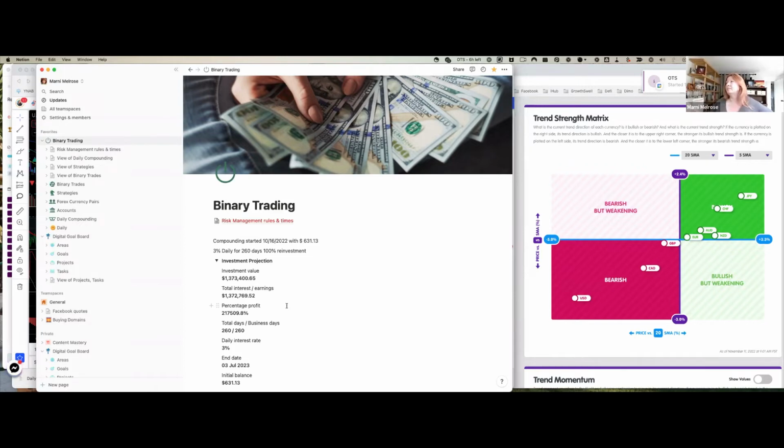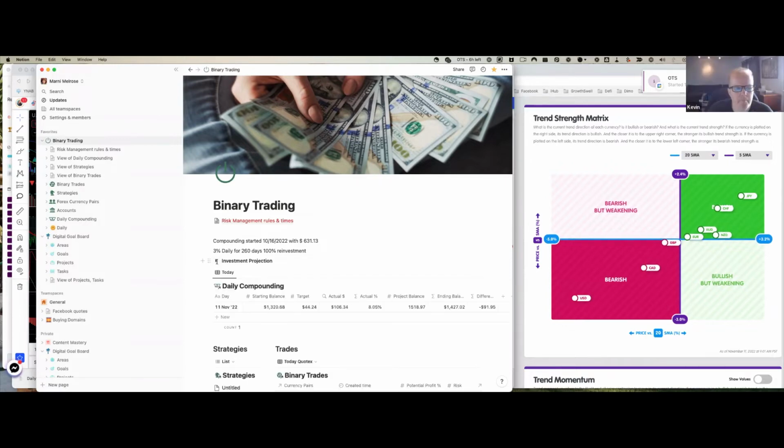And this is just like in a perfect world. And like I said, I've got training on all of this. In a perfect world, at the end of a year, this is what you would have if you pulled nothing out, right? But if you're going to use this as an income, which I highly suggest, here's the thing that I've come to learn now: the marketplaces, or not the marketplaces, the brokers don't really want to pay you $1 million, right?